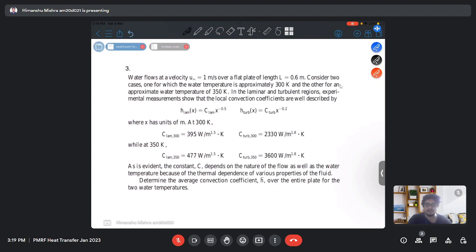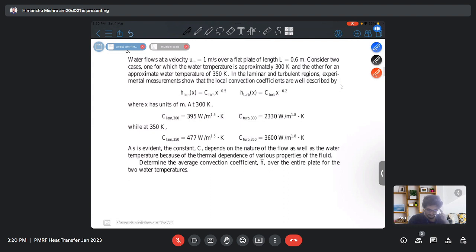In the laminar and turbulent regions, experimental measurements show that the local convection coefficients are well described by the given expressions, where x is in meters and C is a constant for both 300 Kelvin and 350 Kelvin. As is evident, the constant depends on the nature of the flow as well as the water temperature because of the thermal dependence of various properties of the fluid. We need to determine the average convection coefficient.